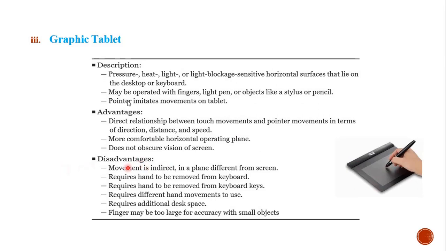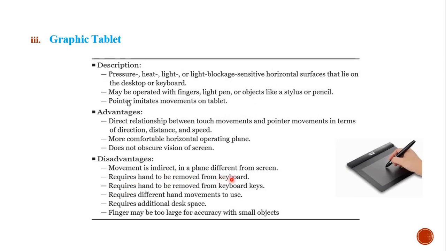The next disadvantage is movement is indirect in a plane different from the screen. It requires hand to be removed from the keyboard. So if the tablet is being placed, then you may have to remove your hand to interact with the keyboard.